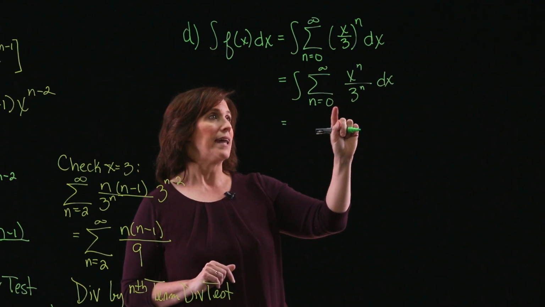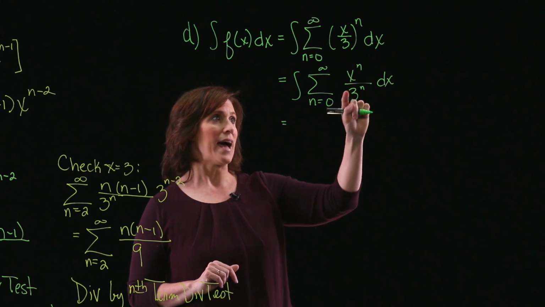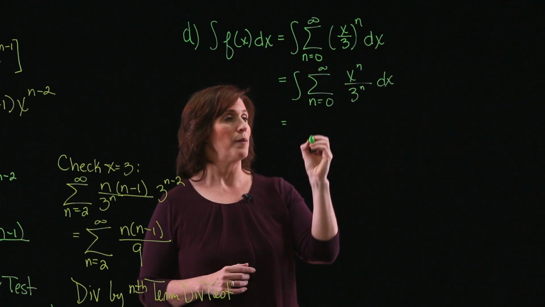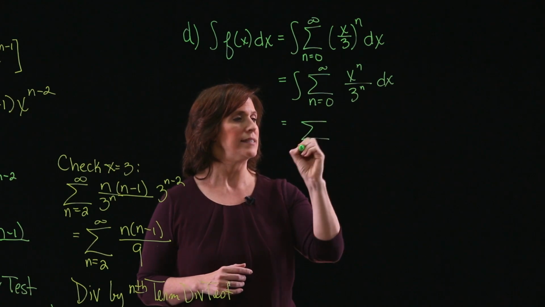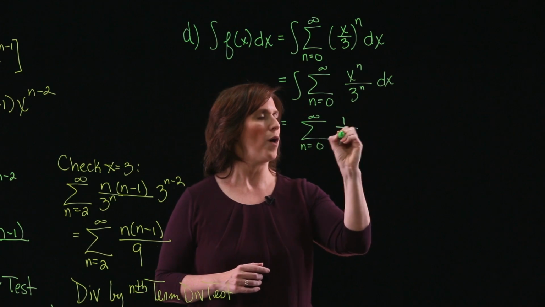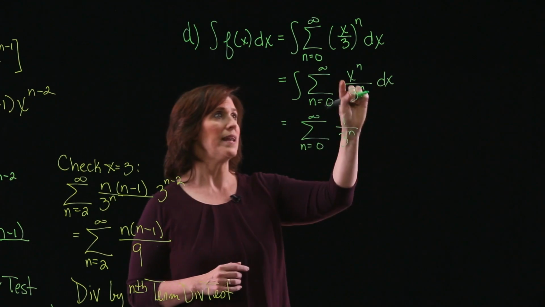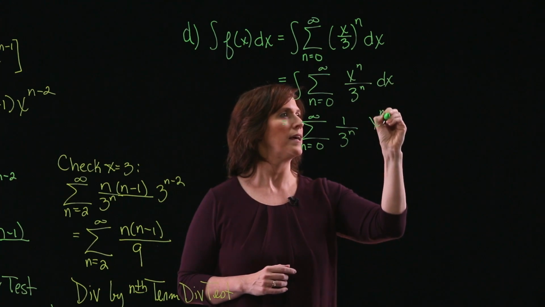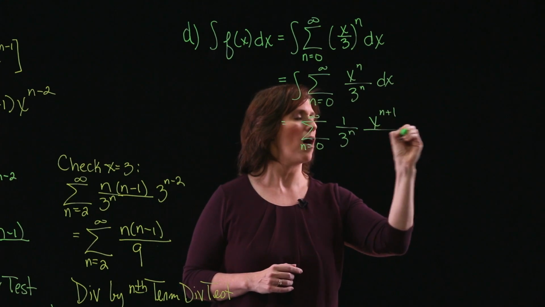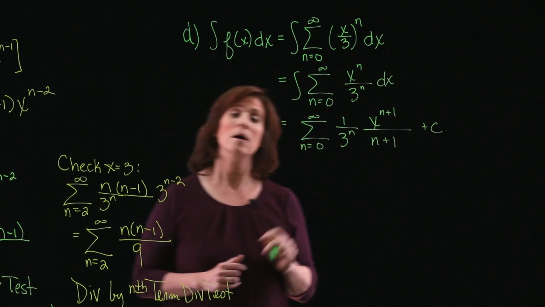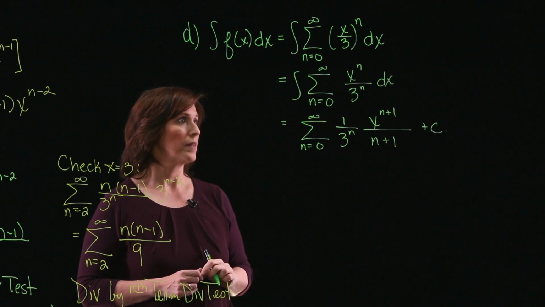Now again, because I'm integrating with respect to x, that 1 over 3 to the n is going to act as a constant multiple. So I'm going to have a series n equals 0 to infinity of 1 all over 3 to the n, and then I'm just going to integrate x to the n, which is x to the n plus 1 all over n plus 1 plus a constant.